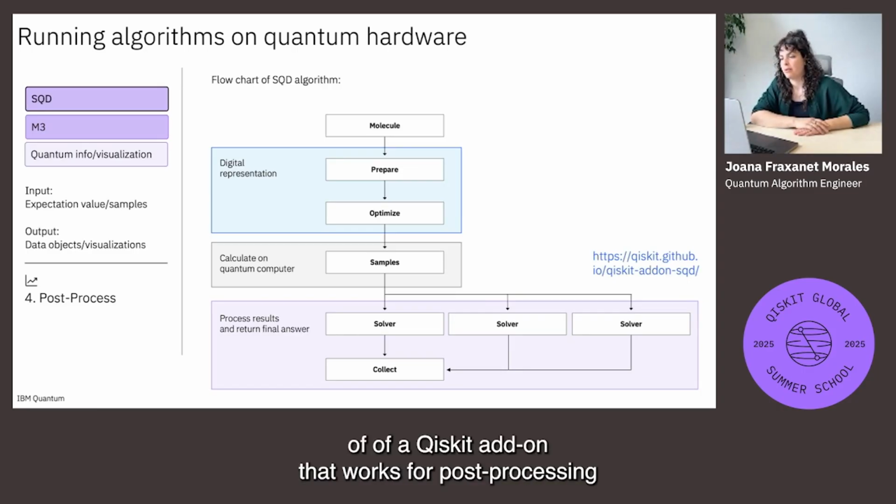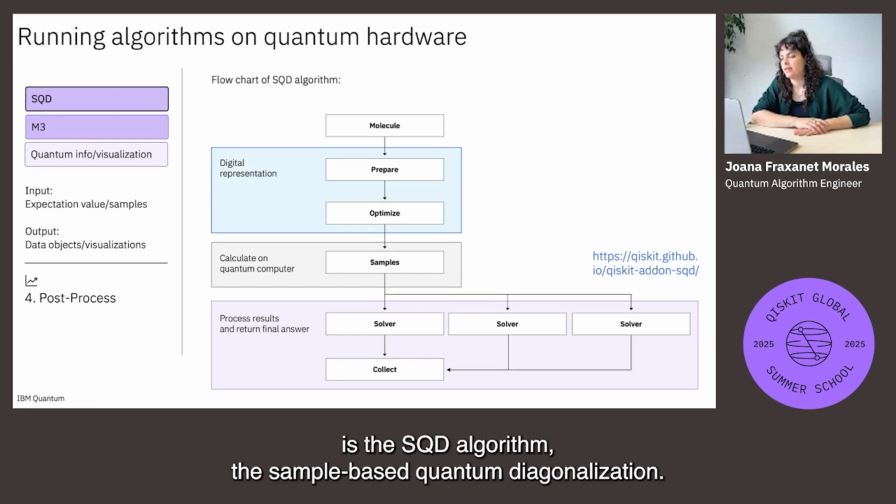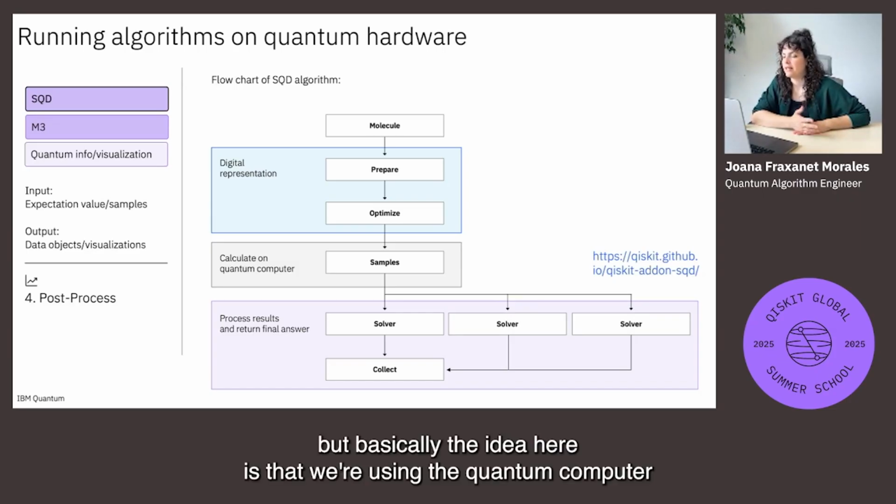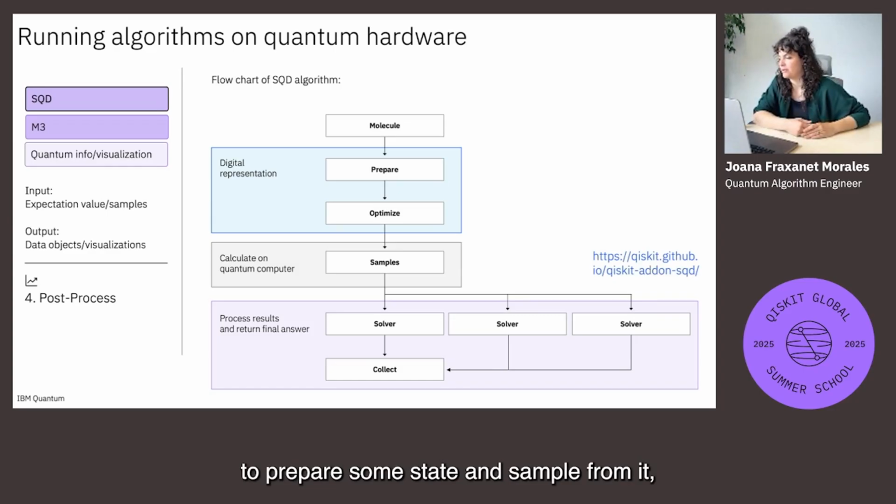Another example of a Qiskit add-on that works for post-processing is the SQD algorithm, the sample-based quantum diagonalization. You're going to see this algorithm in more detail in one of the other sessions, but basically the idea here is that we're using the quantum computer to prepare some state and sample from it.